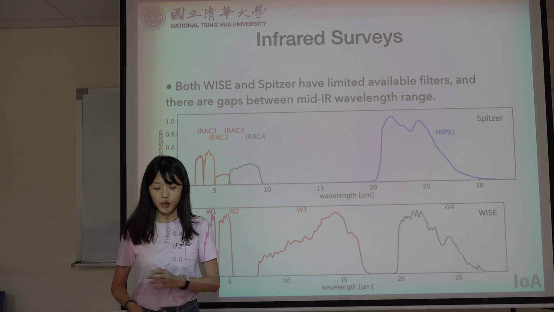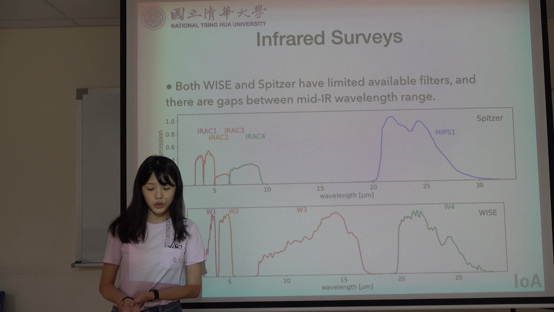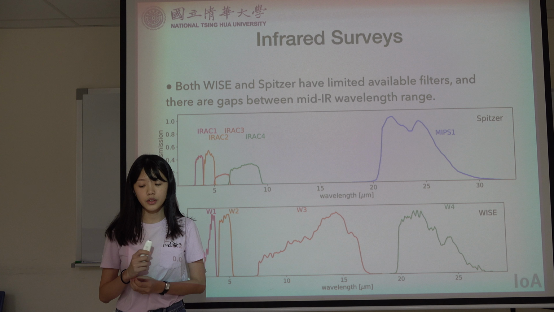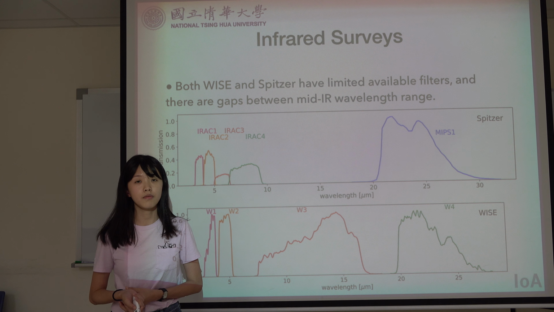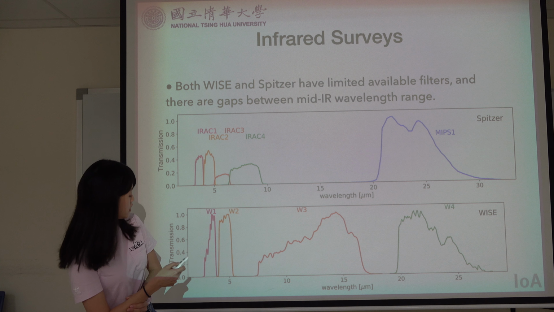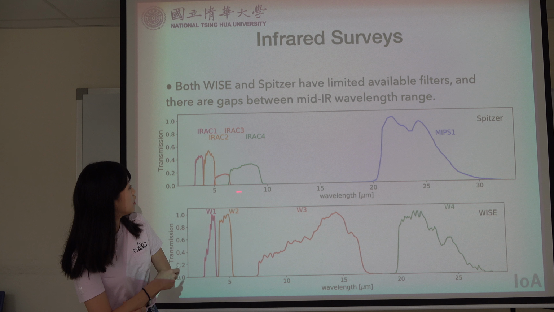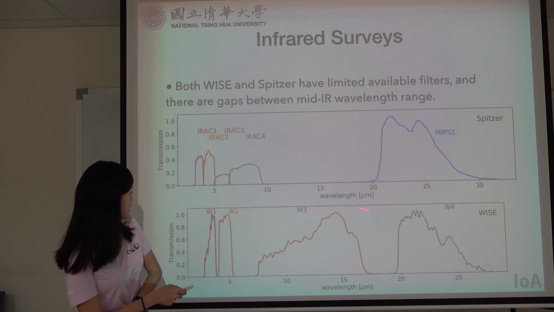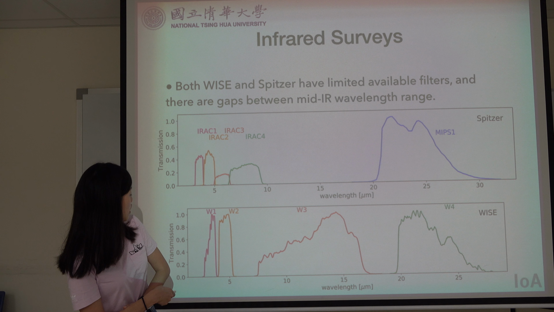Actually, many works have been conducted to search, identify, and characterize AGNs by using the data from the Spitzer Infrared Telescope and the WISE Telescope. So this is Spitzer's filter, and this is WISE's filter.